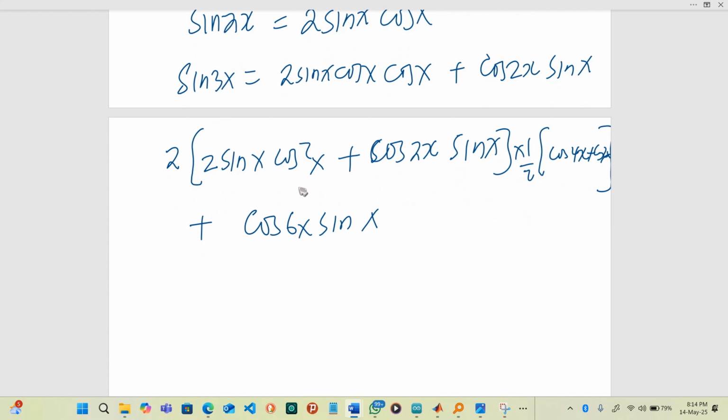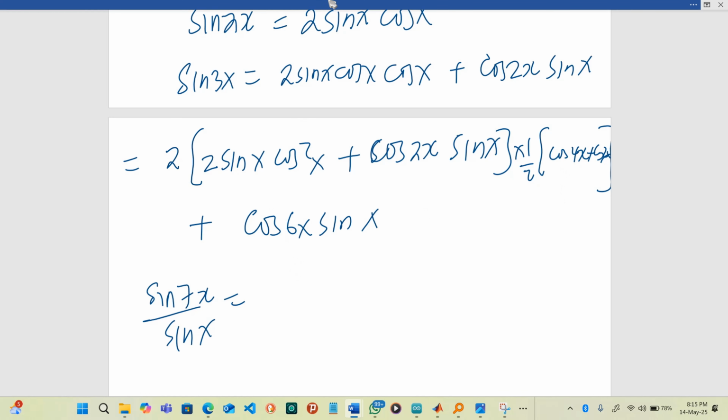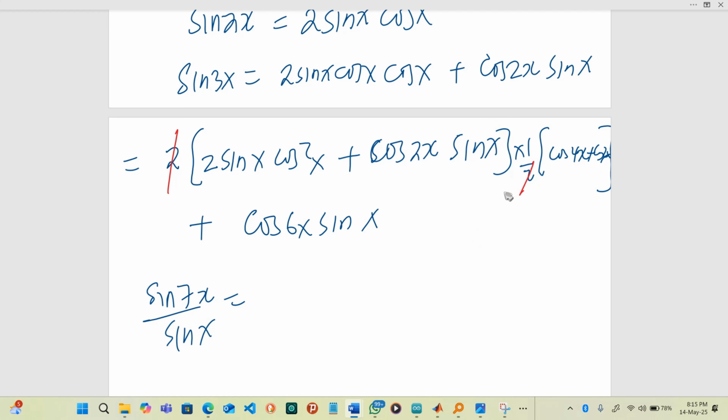You can see here we can divide throughout by sine x. So let's look for sine 7x out of sine x. Wherever we say sine, when we divide by sine, it will cancel out. So I can cancel this and this, because you can see there is a bracket, and there is multiplying by this. So that means I'll have 2 cos squared x.